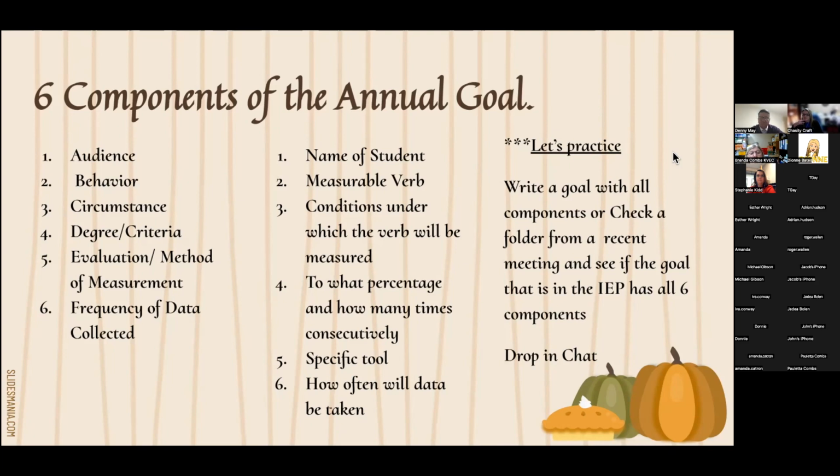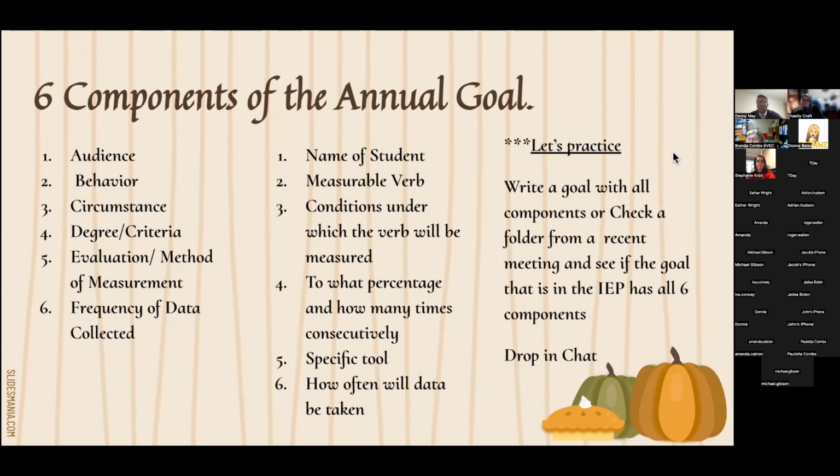The one that we're talking about: when presented with 10 2-digit by 1-digit multiplication problems, Sam will be able to. We need to remove be able to determine, because determine is not measurable. So you're going to be saying Sam will solve, because he's going to solve these problems.